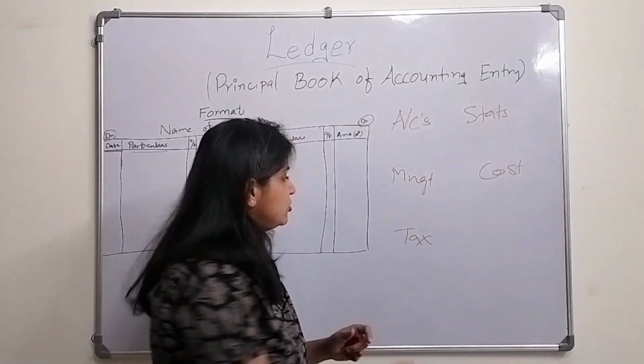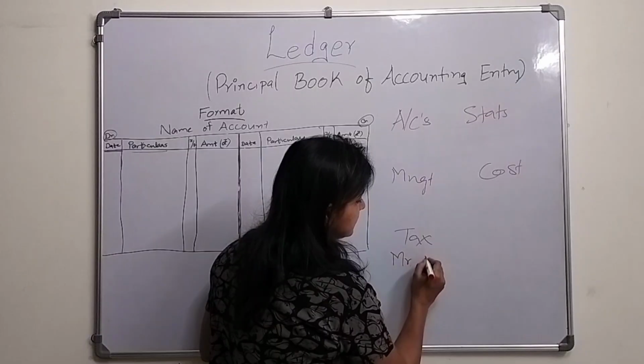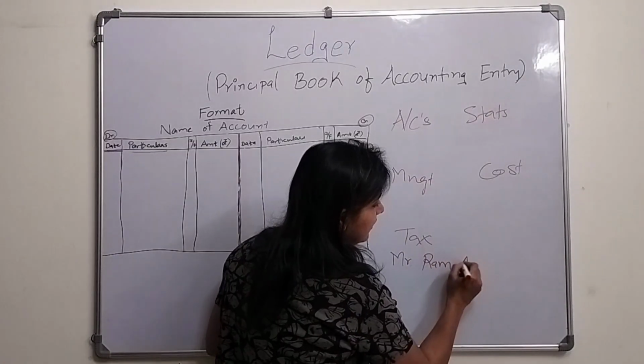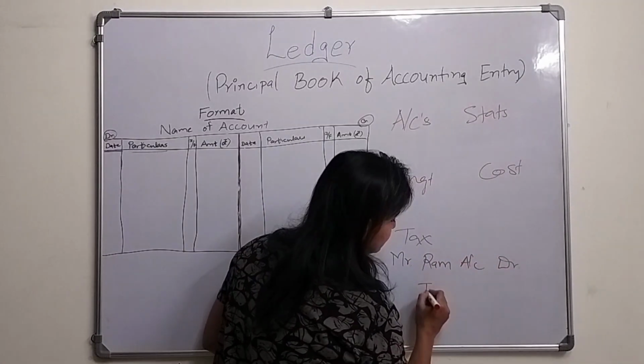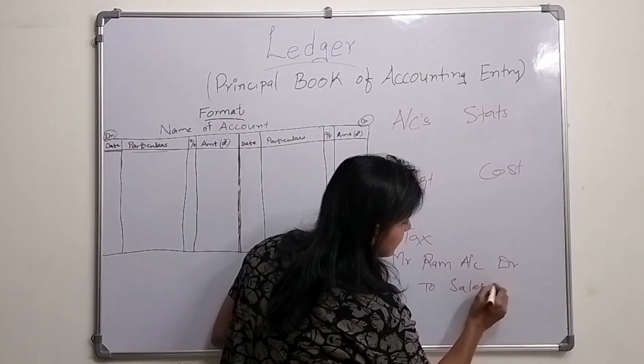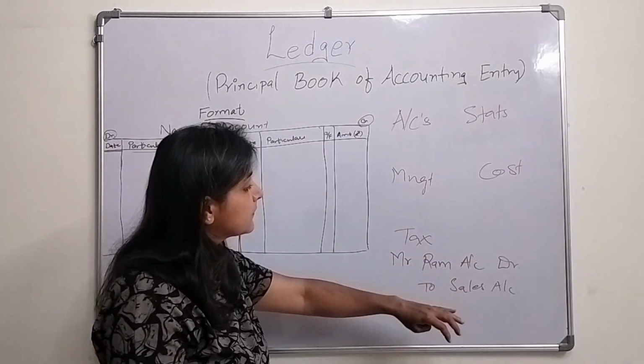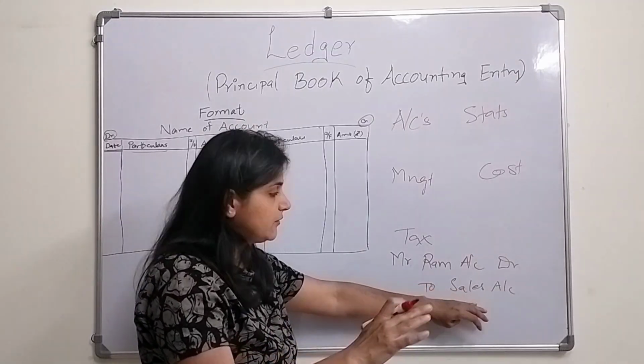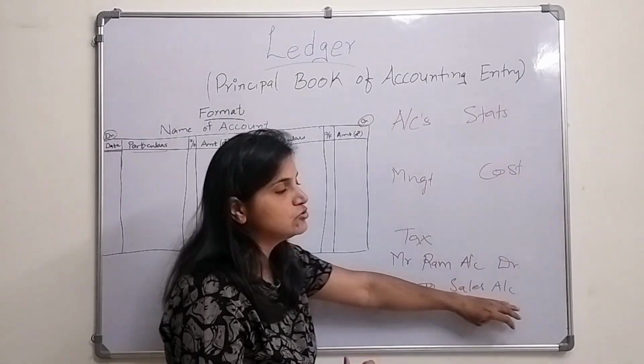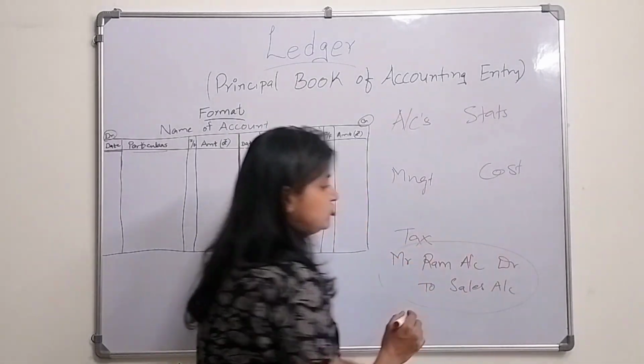So what will be my journal entry? Mr. Ram account debit, to sales account. He is my debtor, so debit the receiver. Sales, goods are going out from the business, so credit what goes out. So to sales account, this will be the journal entry.